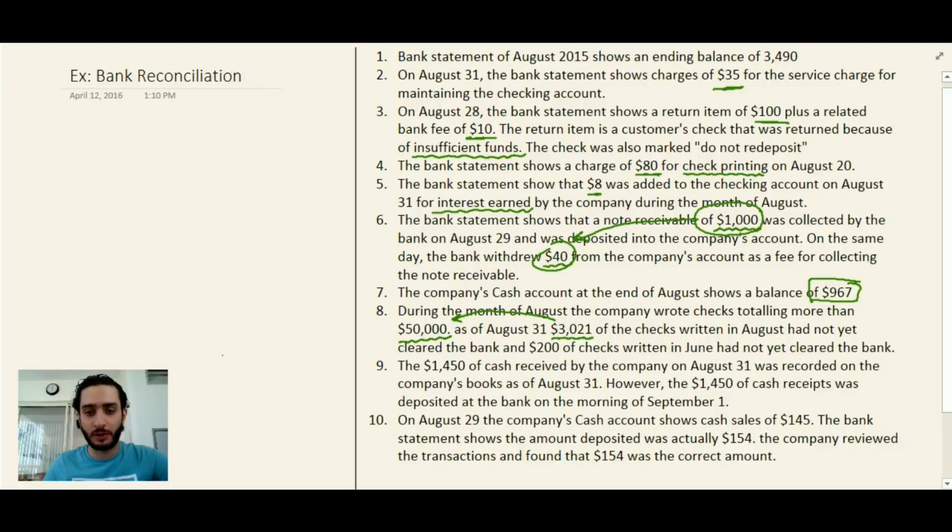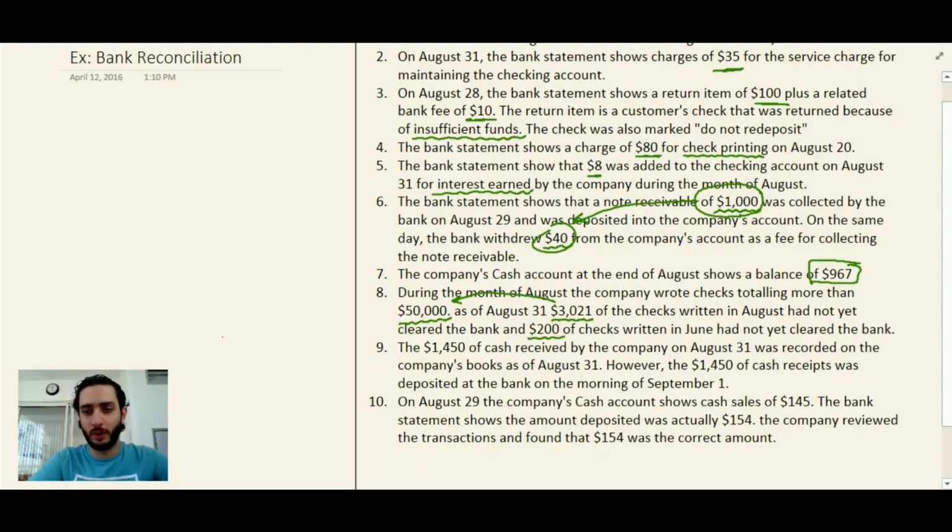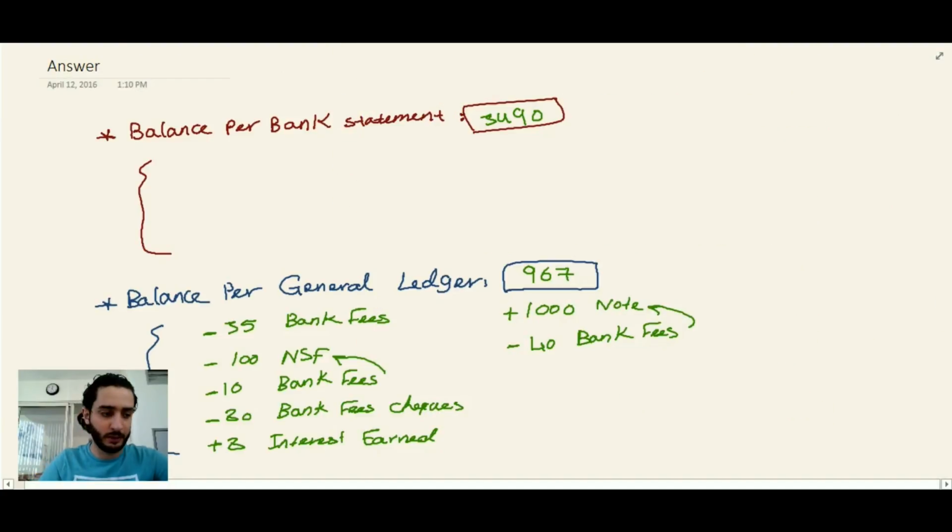And $200 of checks written in June had not yet cleared the bank too. So a total of 3,221 has not cleared the bank yet. So we'll go and add this here, to outstanding checks: 3,221 outstanding checks.